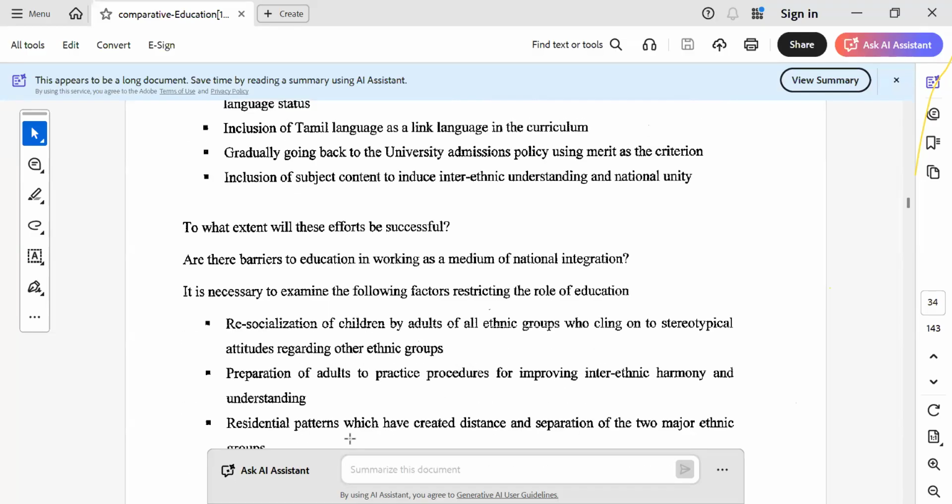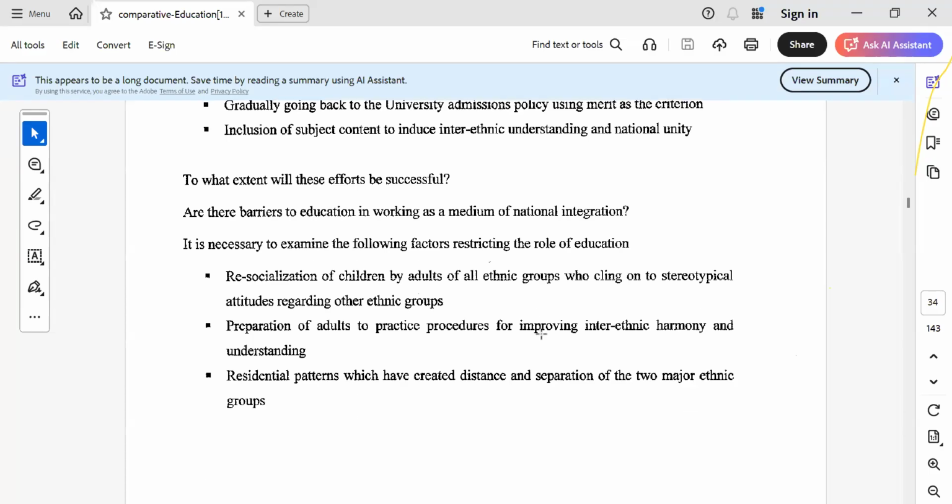So to what extent will these efforts be successful? Re-socialization of children by adults of all ethnic groups who cling onto stereotypical attitudes regarding other ethnic groups. And preparation of adults to practice procedures for improving inter-ethnic harmony and understanding. And residential patterns which have created distance and separation of the two major ethnic groups.